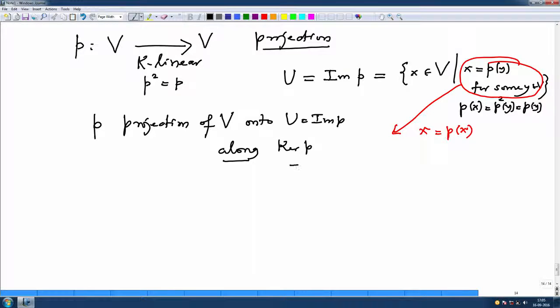Kernel P is precisely all those y in V such that P of y is 0. But if P of y is 0, again I will apply P once more. So, what will I get? P square y, which is Py, which is 0.